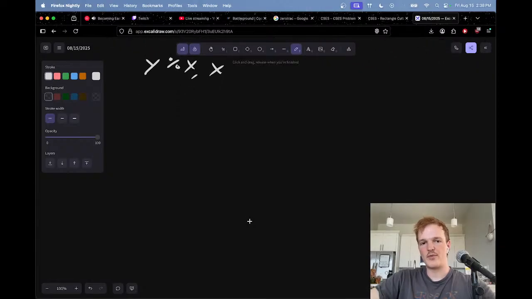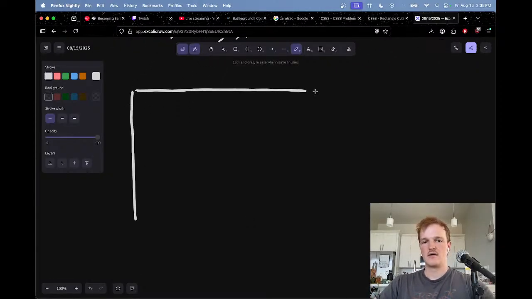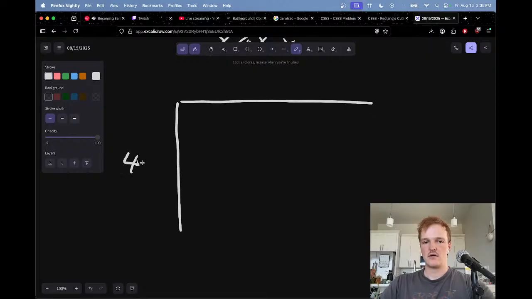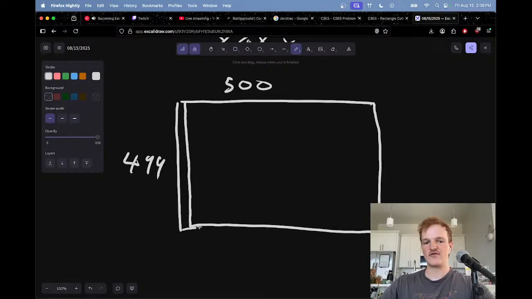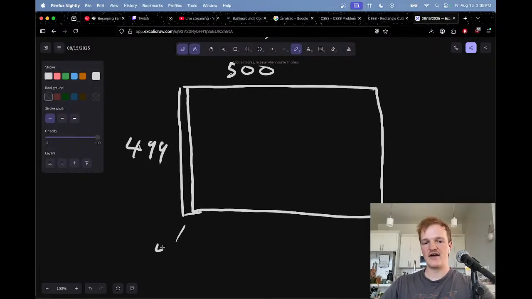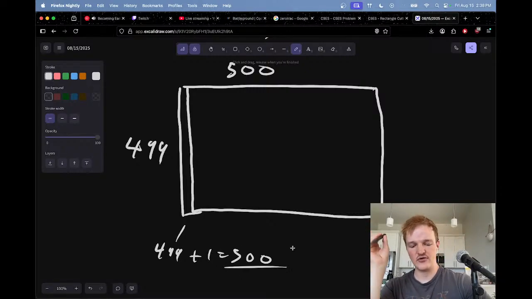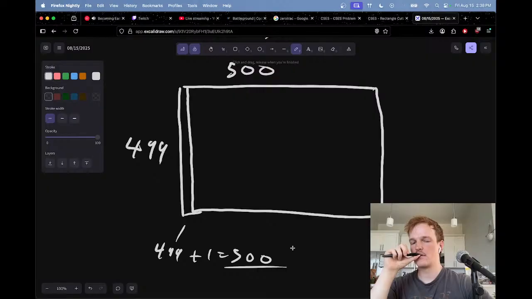I feel like the worst possible case scenario is if you had, let's say, a 499 by 500 rectangle. And then what you would do is say, oh, perfect, there's a square right here, so let me just take that out. So I've created one square, but now I have 499 squares I need to make. So the answer would be 500. Can you do this any better than 500?